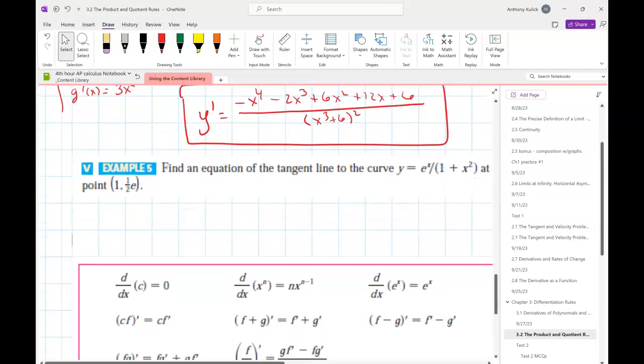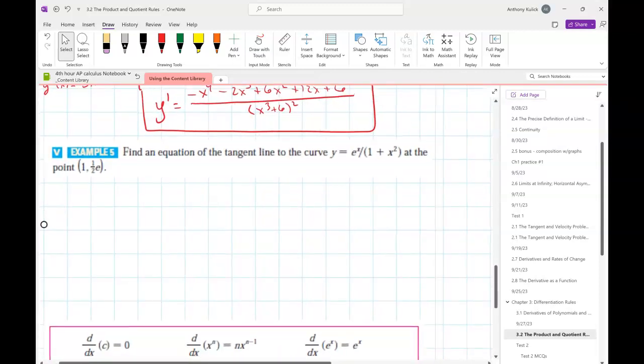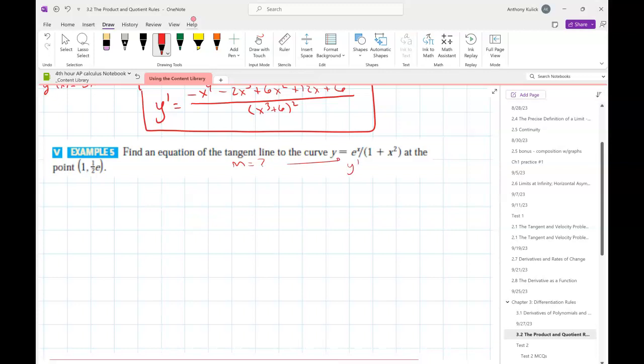Let's do another one. Here we want to find the equation of the tangent line to the curve, y equals yada yada yada, at the point 1 comma 1/2 e. So if I want the equation for the tangent line, what do I need? The derivative? Well, I need the slope. To get that, I need y prime. So let's call f of x the numerator and g of x the denominator.